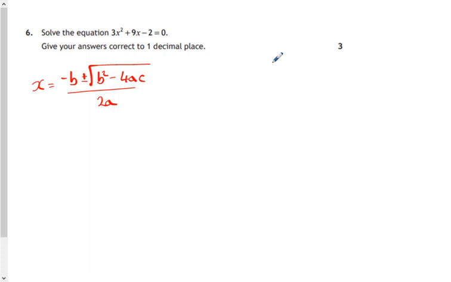So, if we have a look, we've got 3x squared plus 9x minus 2 is equal to 0. A, B, and C, although those should be little a's and b's.